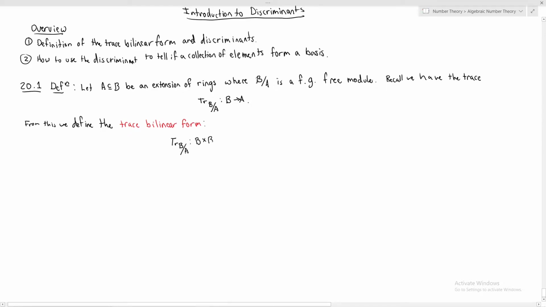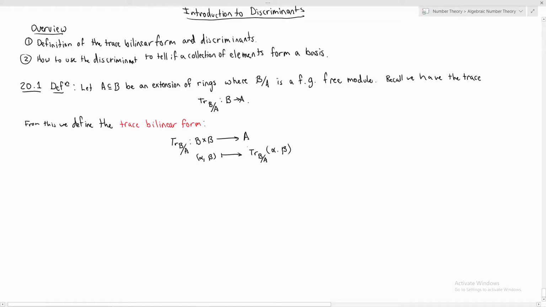It goes from, so a bilinear form should go from the Cartesian product of your two sets to the ground ring. I guess last time we introduced bilinear forms in terms of fields, but it makes perfectly good sense to talk about it in terms of A modules, for example. This maps alpha, beta to the trace of B over A of alpha times beta. Okay, so basically the trace bilinear form says take the product and then take the trace of this guy.